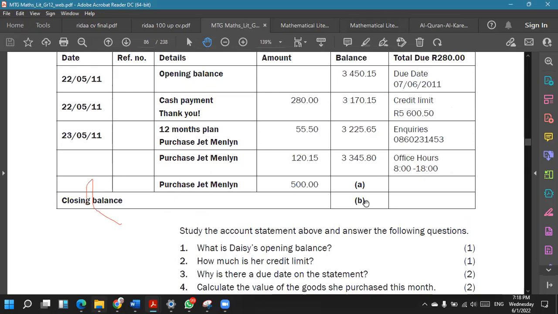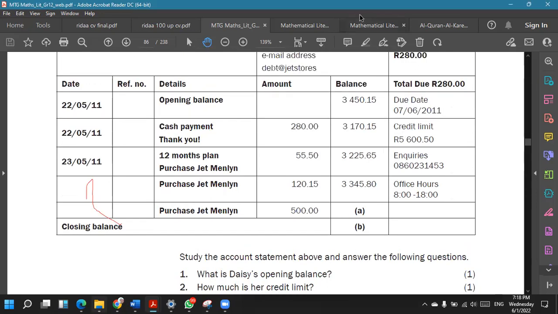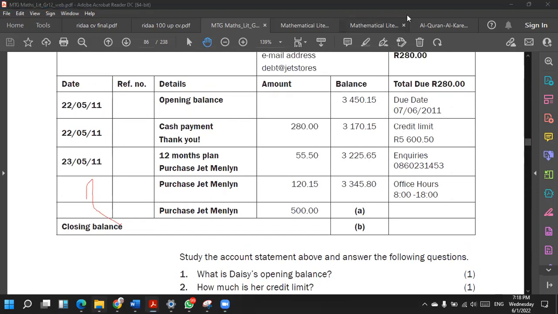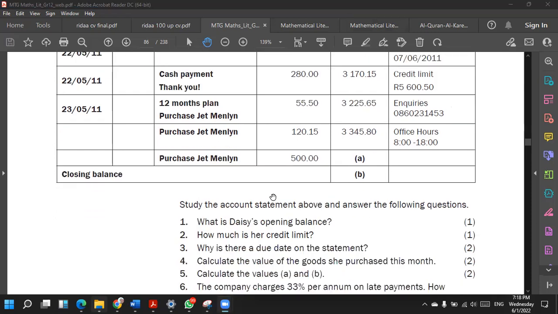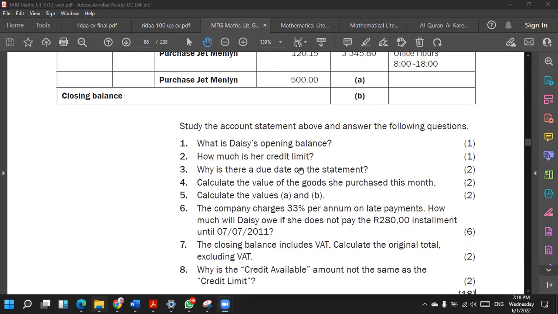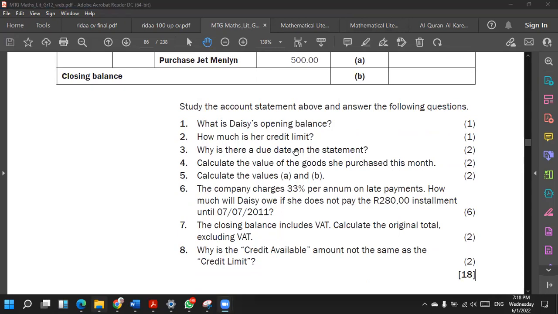And then what's B's value? Closing balance. Isn't B's value the same as A? Yes, it makes sense because there's nothing else that was added, so it's exactly the same. Next question.